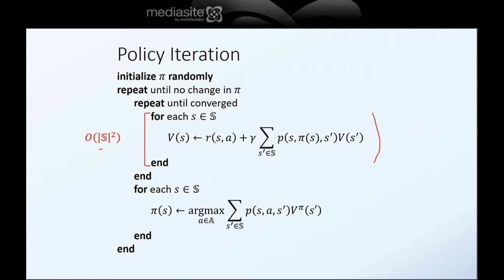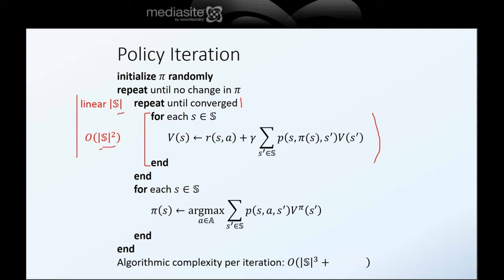We have already seen this. And now I'll tell you that based on convergence proofs, this is linear in S. The outermost repeat loop of policy evaluation is linear in S. And therefore, the first step, algorithmic complexity, is S squared times S, which is S cubed.